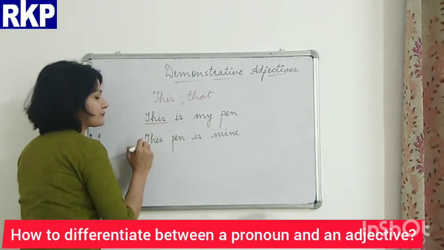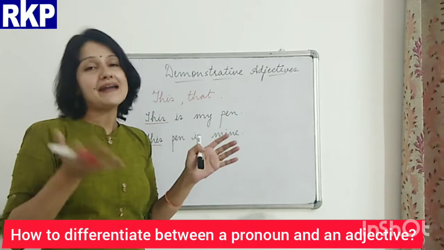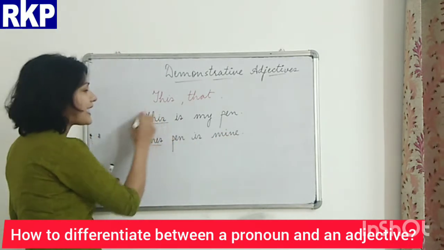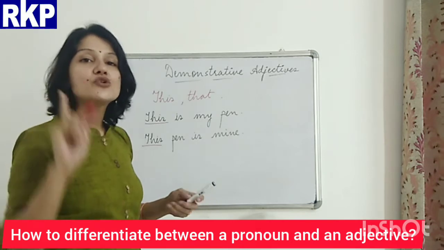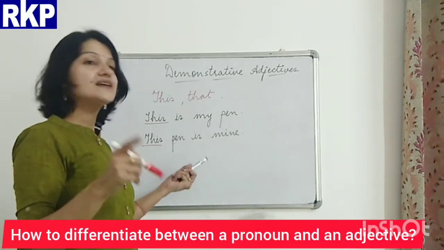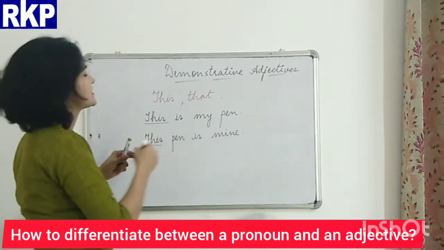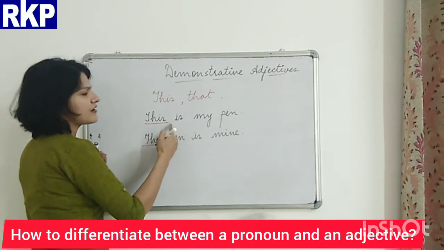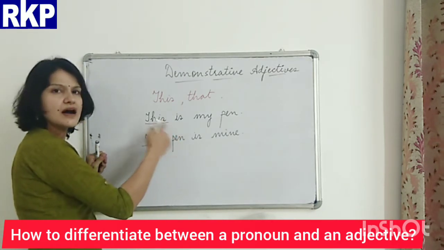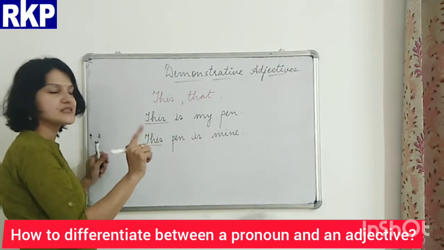Now of course, when we look at this word as a pronoun and as an adjective, they look the same. So the trick to remember whether the word is an adjective or a pronoun is that you just have to see: is there a noun following the word this?